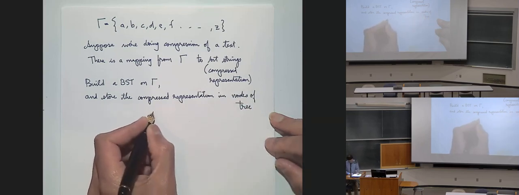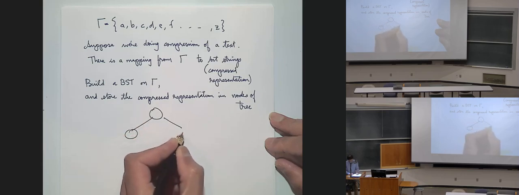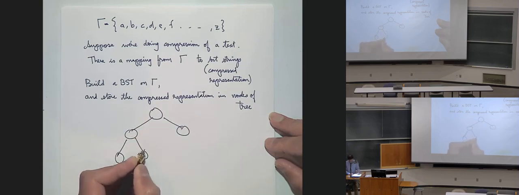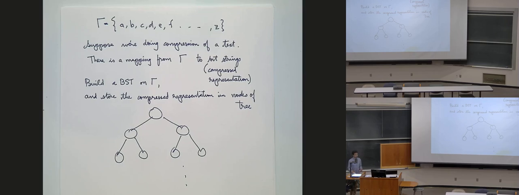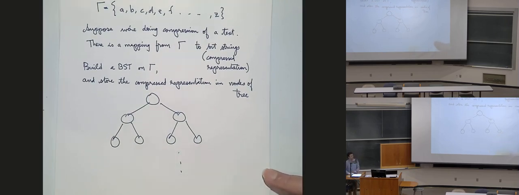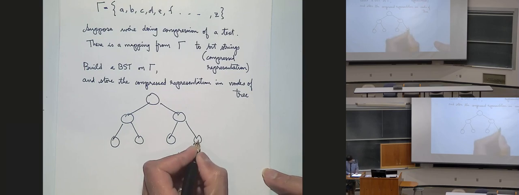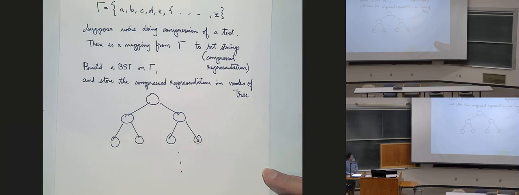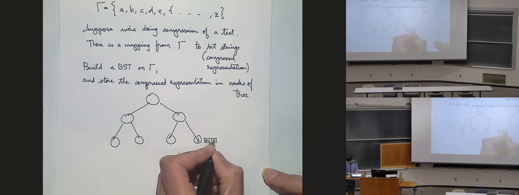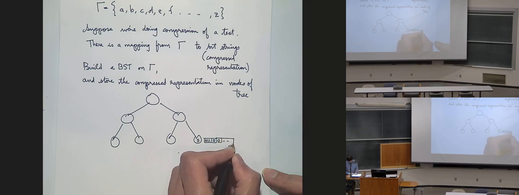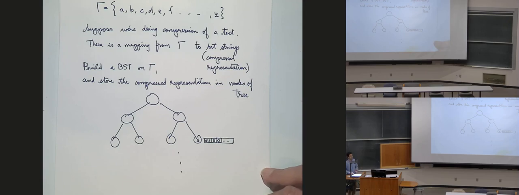So I could build some tree, and suppose this character over here is S, then what I would store here is whatever bit string I'm using to represent S. And that's how I'd represent this information, so that when I actually see the character S, I would go to S and then I can fetch that.